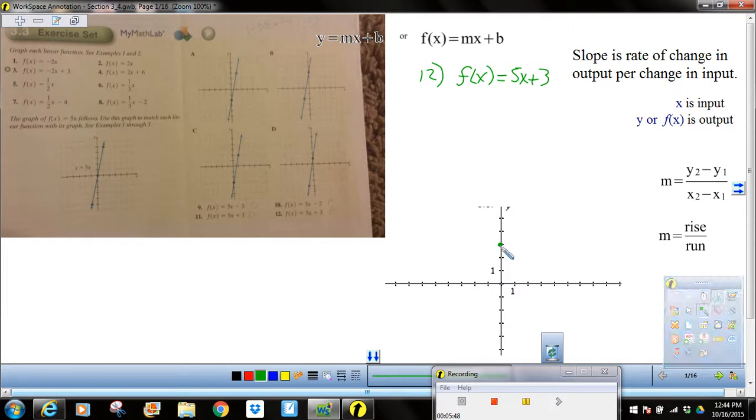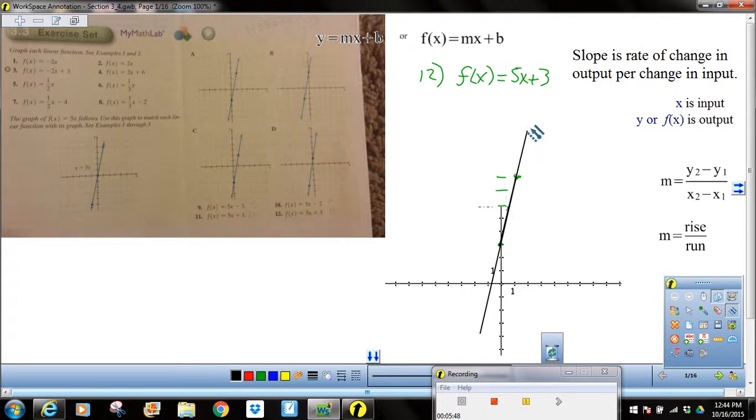Alright, I'm going to start at 3. The slope is 5, so every time I move over, I've got to go up 5. 1, 2, 3, 4, 5. I may have spaced that a little bit too much. So it's a steep slope, just like that other one we just did.